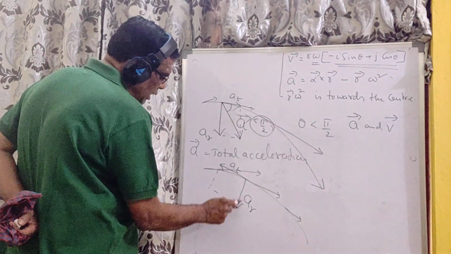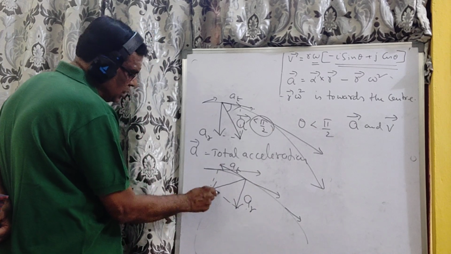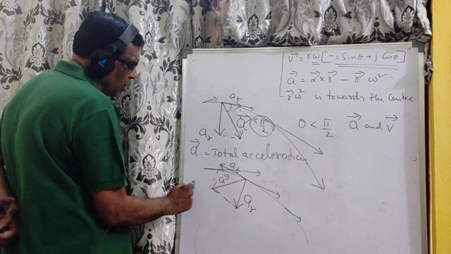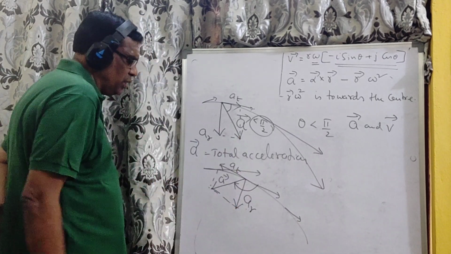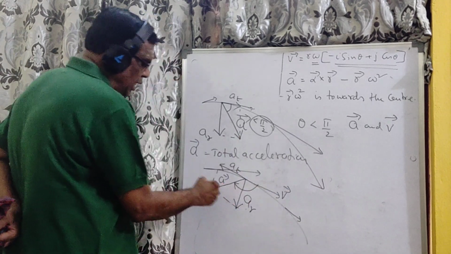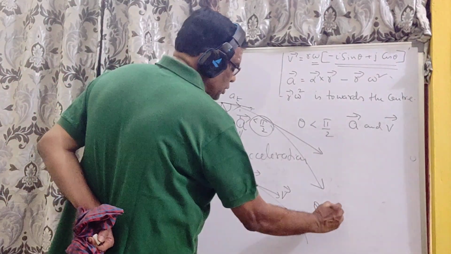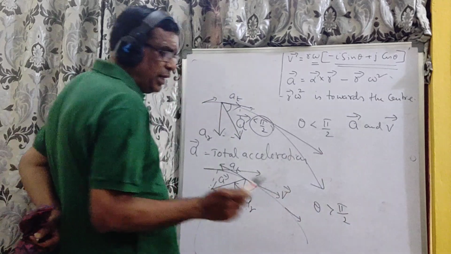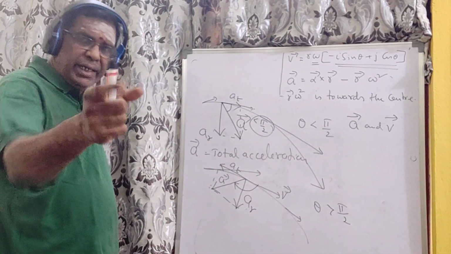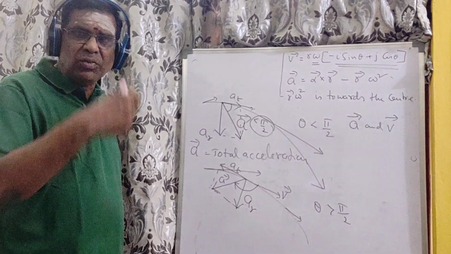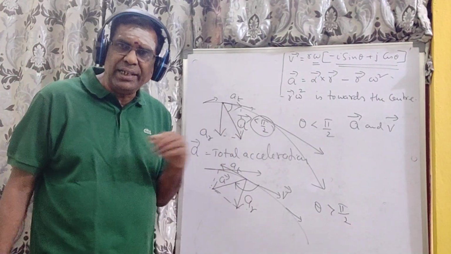What is the total acceleration? AR bar, AT bar are the two components of A bar. Now, what is the angle between velocity and total acceleration? This is obtuse. The moment they say obtuse or acute, you can immediately interpret and then come out with the answer as to what type of motion prevails.